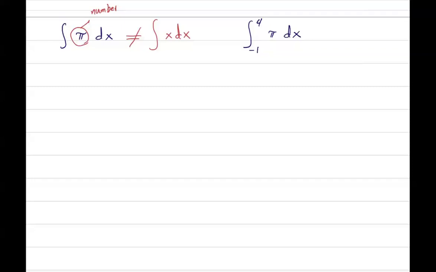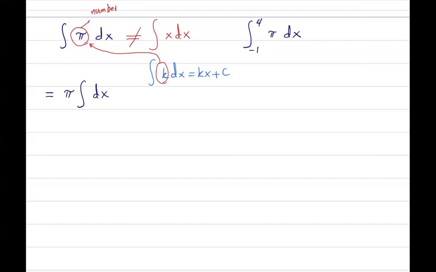When you have the integral of k dx, it becomes kx plus c. Your k in this case is pi. So in calculating this integral, this becomes pi times the integral of dx.